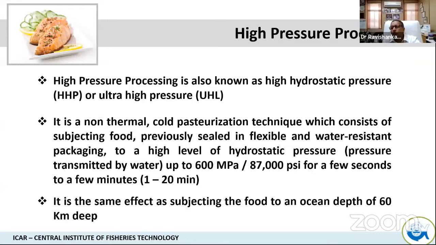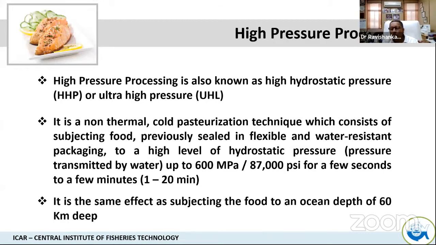Just introducing a few of the topics, I'll not take much time on this. High pressure is simply the application of high pressure. If you go to a 60-kilometer depth into the ocean bottom, what can the pressure be? That's what we are applying. The pressure we are talking about is 87,000 psi. The pressure in the autoclave we use for microbiology is only 15 psi.